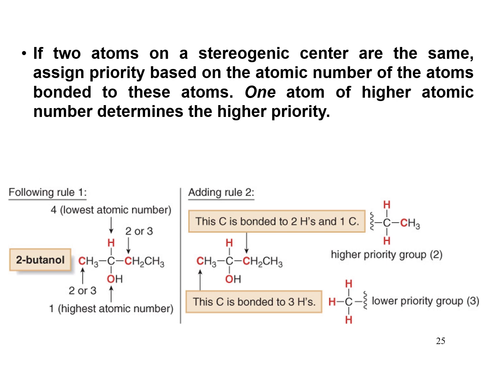S, or sinister. If two atoms on the stereogenic center are the same, assign priority based on the atomic number of the atom bound to this atom. The atom of higher atomic number determines the higher priority. For example, if you look at this one, oxygen gets the highest priority because the atomic number of oxygen is greater than that of carbon, and carbon gets the second priority over hydrogen.